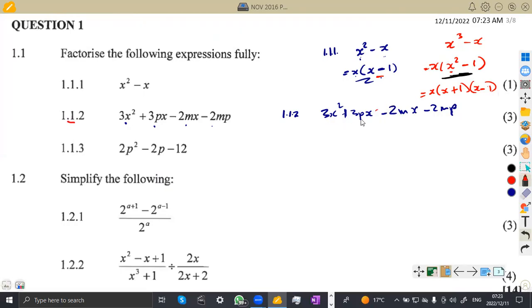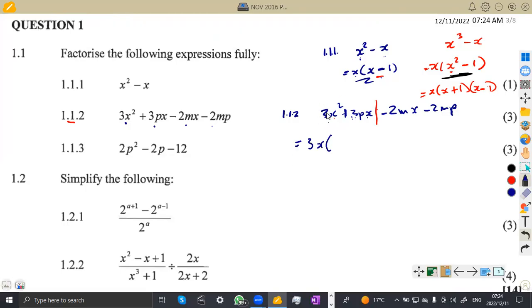For the first 2 terms here, we've got a common term. So that means we can divide into 2 and factor out what is common in these 2 terms. We can see that 3 is common, so we can factor out 3. Also, we've got x squared and x here, x is common. So we can factor out 3x as the highest common factor.